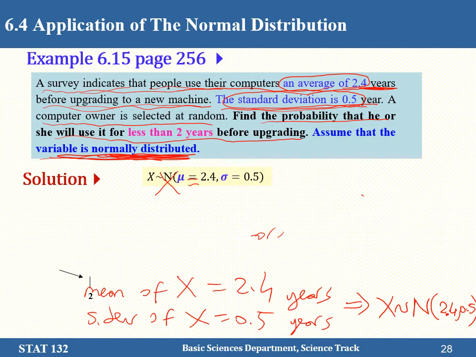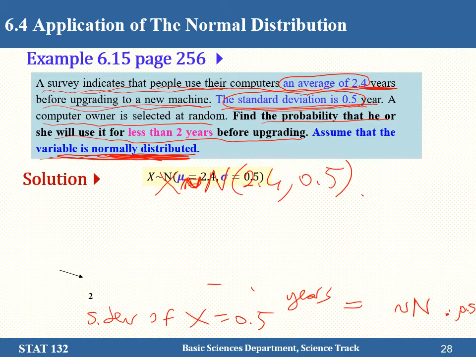So what's the question about? Okay, so let's put this here. X has a normal distribution with 2.4 comma 0.5. X is normally distributed, and it's the number of years before changing the machine. Find the probability that he or she will use it for less than 2 years before upgrading.